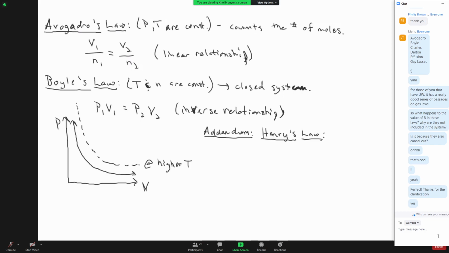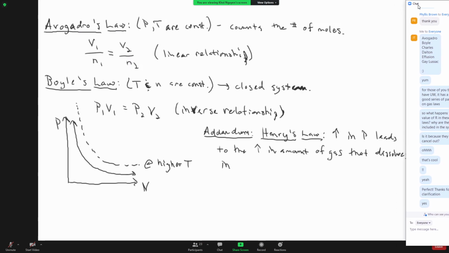Henry's law states that the increase in pressure leads to the increase in amount of gas that dissolves in solution.